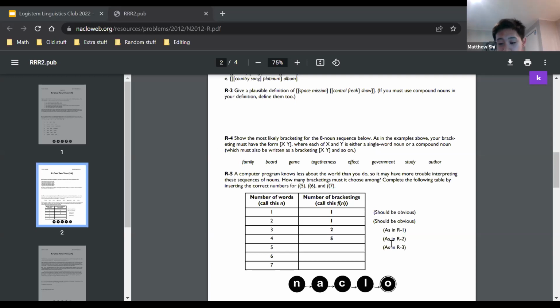No, you're not allowed to change the order. We have to go on the order that is given: family, board, game, togetherness, effect, government, study, author. That's the order that has to go.